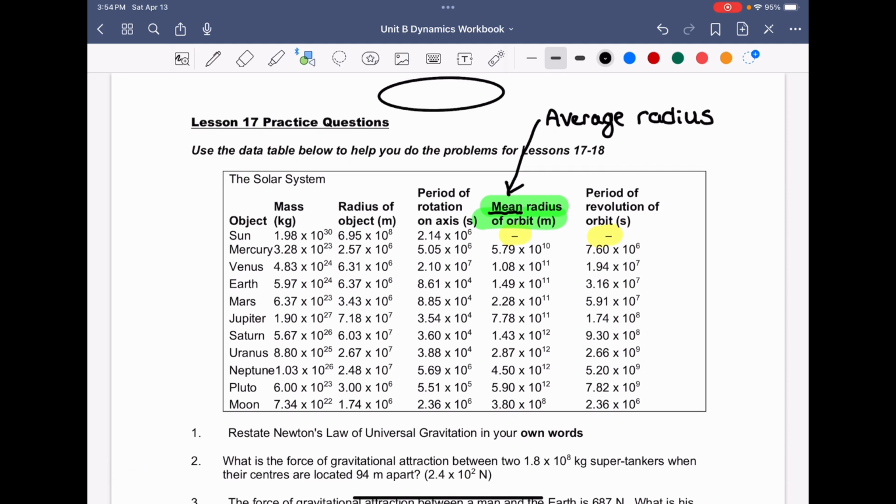Let's say this is the ellipse shape, and Earth is right here on the outside and it's going around. Well, it's clearly going to have all these different radiuses: some short, some very long, some medium. We wouldn't want to just take one of those and say that's the radius. So we take the infinite quantity of these, average them out, and this is the mean radius of orbit around the sun.